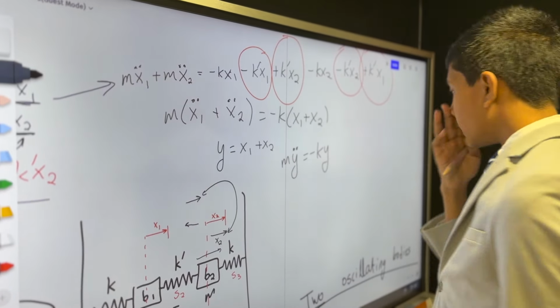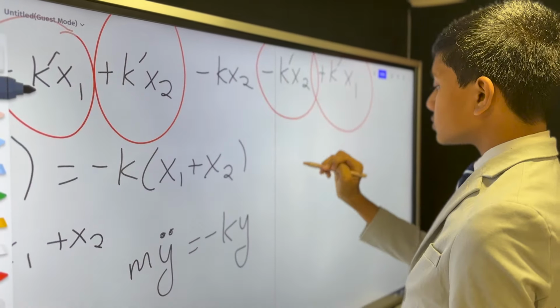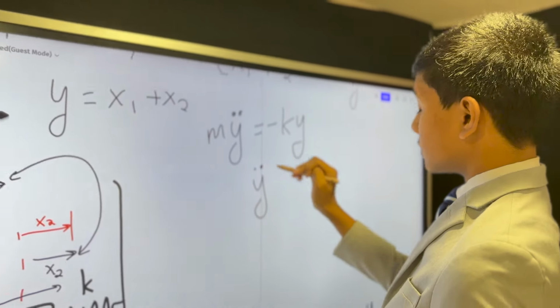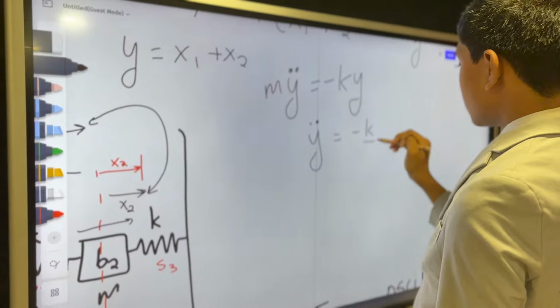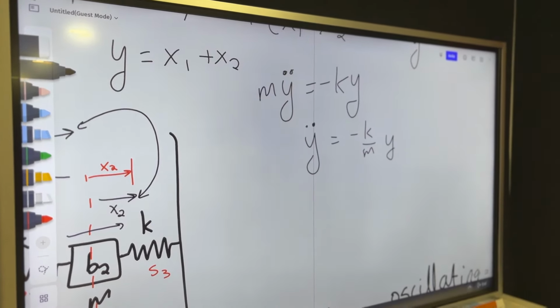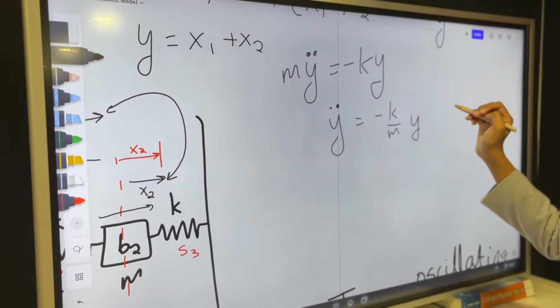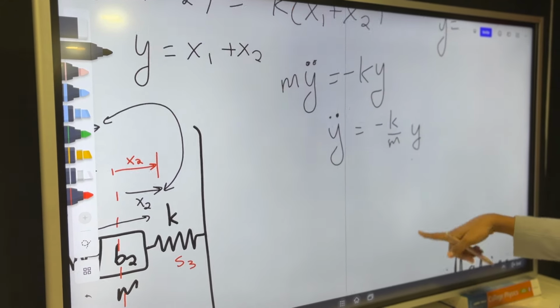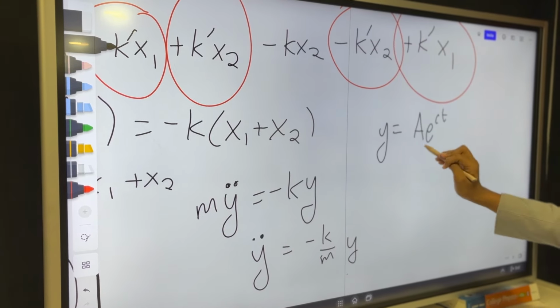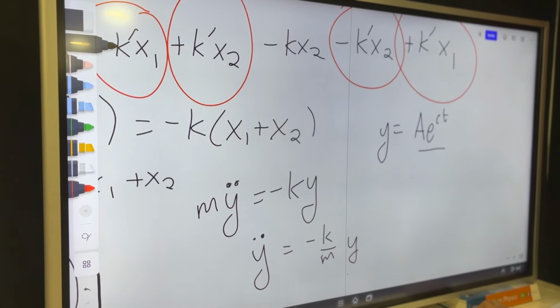All we need to do is plug in a trial solution. So since y double dot is directly proportional to y, we can tell that this should be an exponential function, something like a e to the ct.